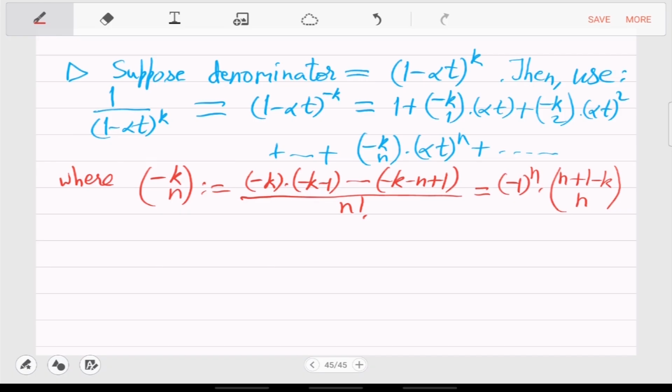In particular, for k equal to 1, what happens? Yeah, for k equal to 1, you are getting n choose n, which is 1. So that's correct, right? And you can see that for k equal to 2 also it is correct, and in general, you can prove this. I mean, in the world of power series, this is an identity. This calculation is correct. And n plus k minus 1.